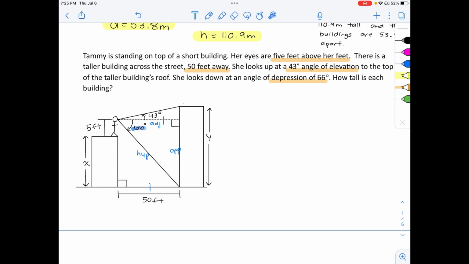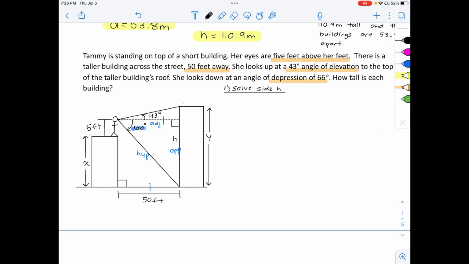And if I find this, then I can use that to help me find X, the height of the smaller building as well. I'm going to label this as well so that I know what I'm solving for when I'm writing my equation. I might just call this H as this side in here. So my first step is solve side H.